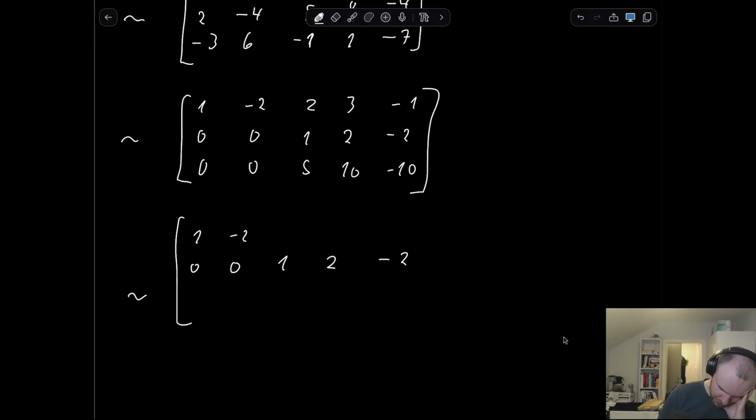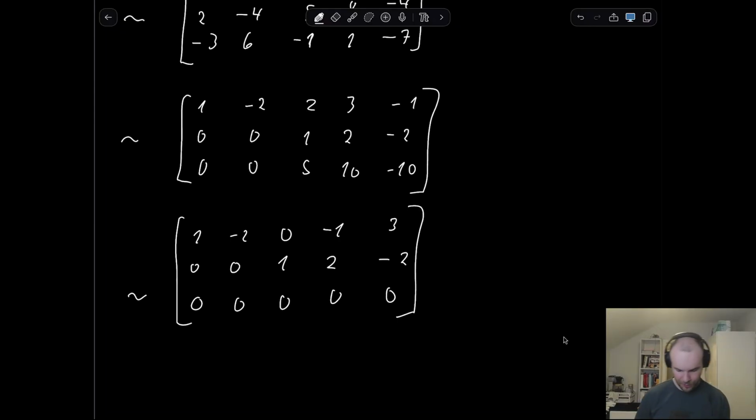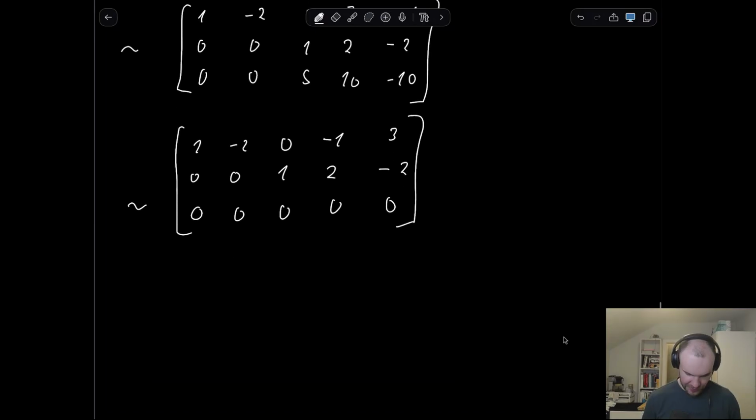I multiply the middle by minus 2, that's 0, that's minus 4, 3 minus 1. I multiply by minus 2, that's 4, and then minus 1, that's just 3. Then I do the same thing on the bottom. I multiply by minus 5, that's 0, 0, and that's also 0. And there you go. That should be it, as you can see.